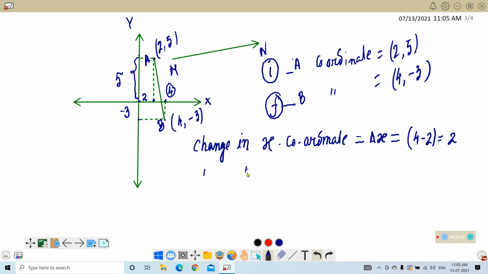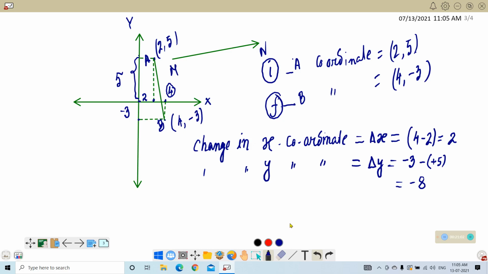So change in y coordinate according to our notation, delta y is equal to final value minus initial value, is equal to minus 3 minus plus 5, is equal to minus 8.